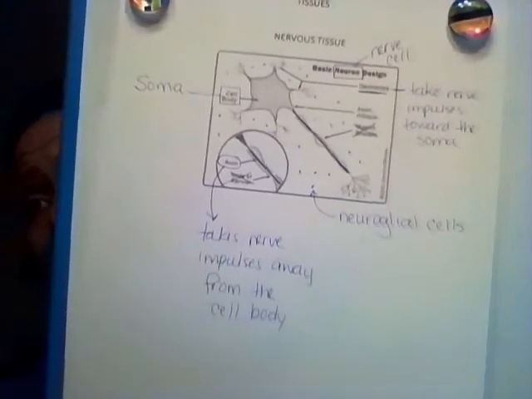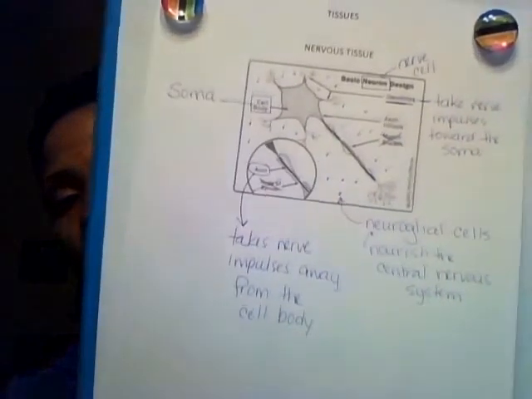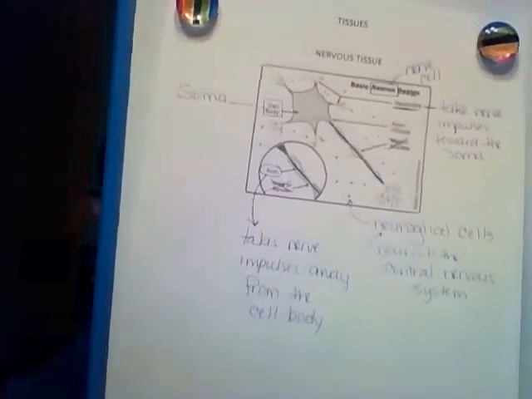Neuroglial cells are responsible for nourishing the central nervous system. That's their responsibility.